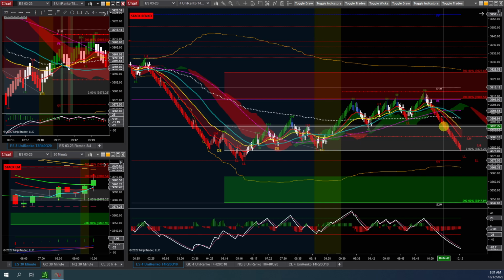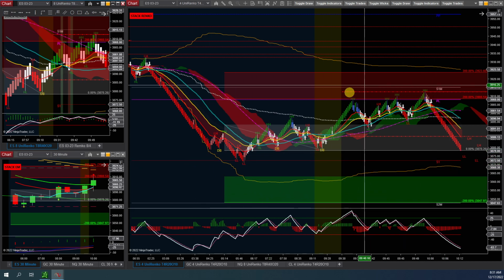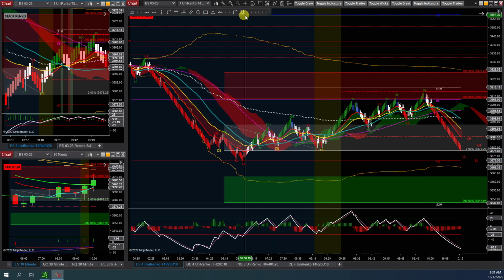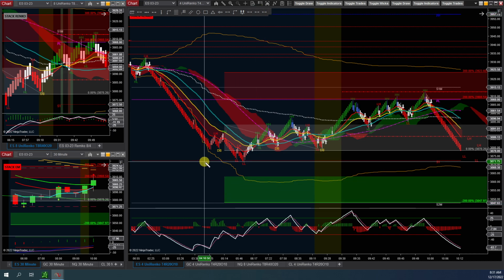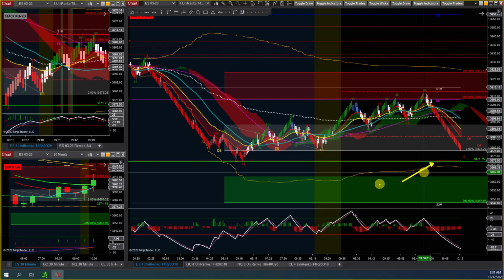Okay, so now what I'm looking for here is this level below, and I'm willing to keep the trade, because there's a level that is important here, which also coincides with the S1, and then with this low right there, that pivot low.